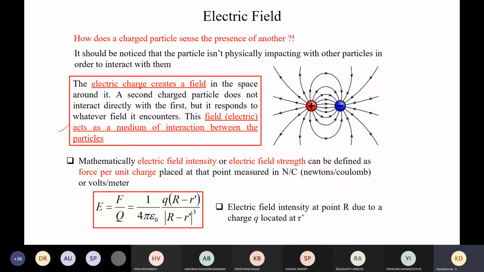You can assume the field is like water. Whenever you put a drop, you can see that a wave comes out from it. So this wave is happening in the water. Similarly, if you take a complete vacuum where the electric field is, let's say, maximum, and then you put a charge, immediately at this particular point the electric field will become a minimum.